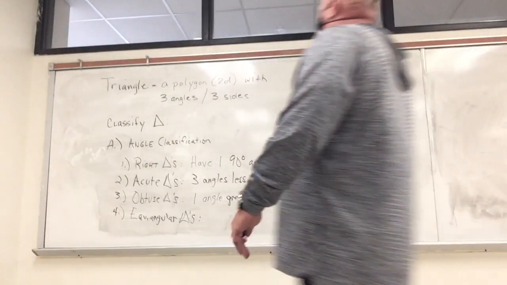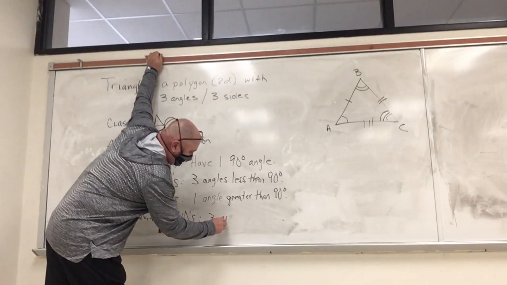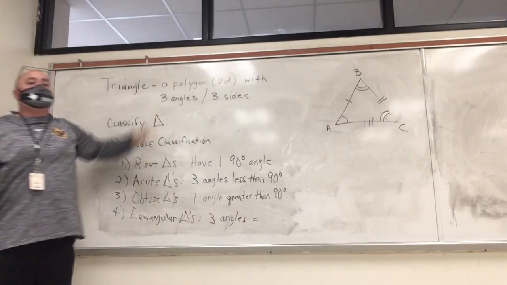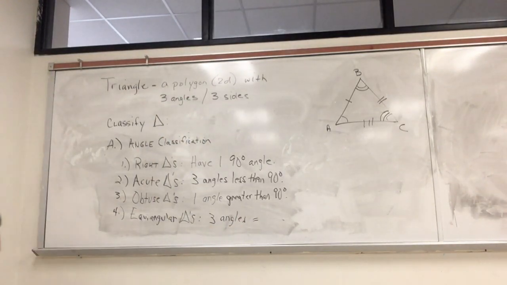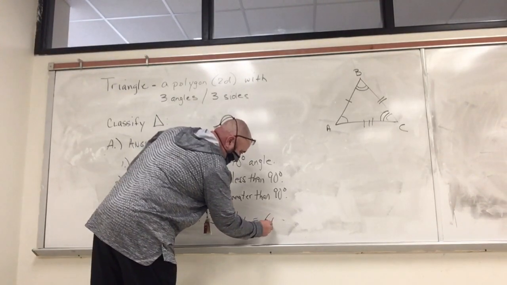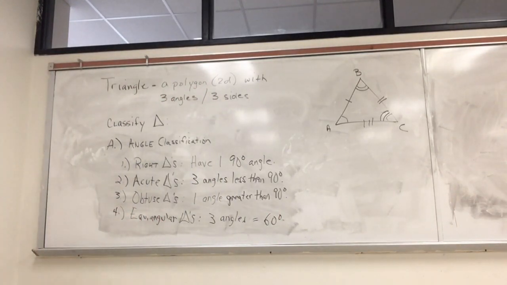All three angles are equal to each other. And I'll even go further than that. All three angles equal 60 degrees. Okay? That is classification of triangles by their angles.